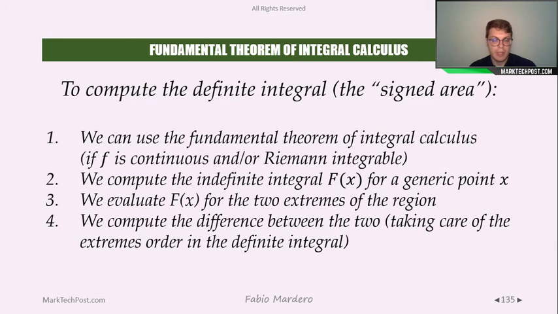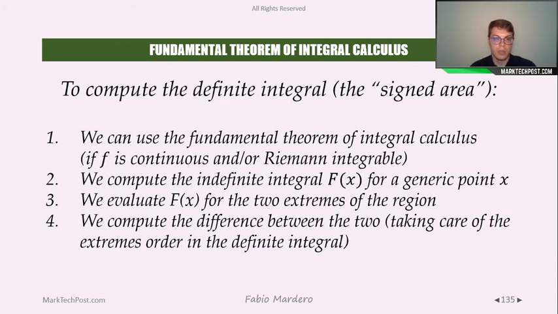One of the main tasks is to compute the area. In order to do so, we have to refer to the definite integral. And we can use the fundamental theorem of integral calculus, for example, if f is continuous or Riemann integrable.